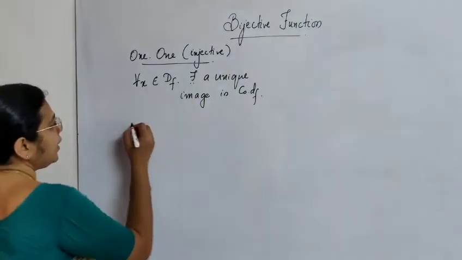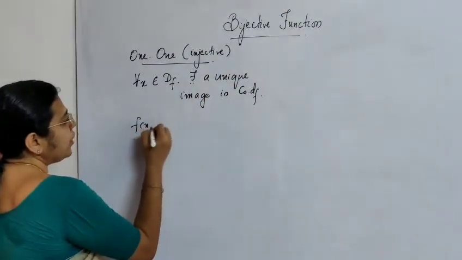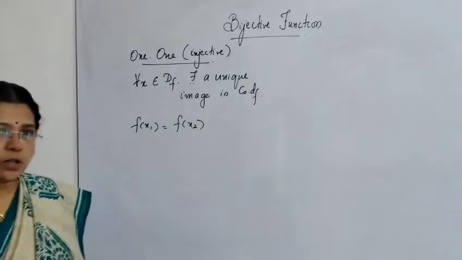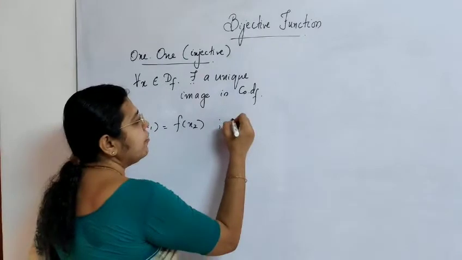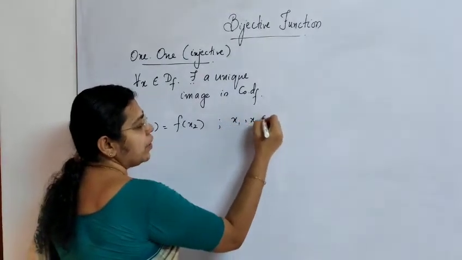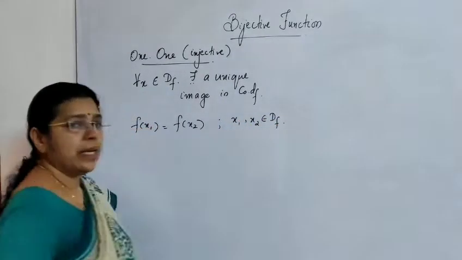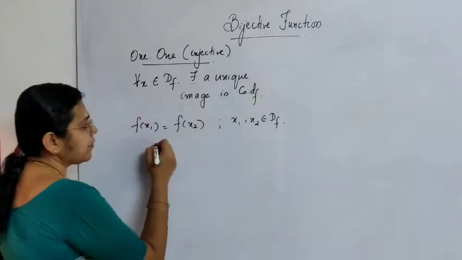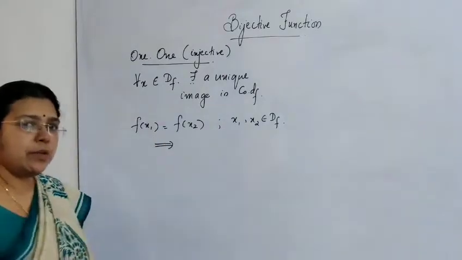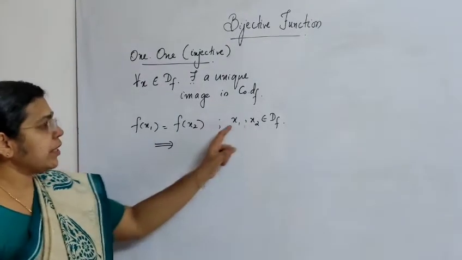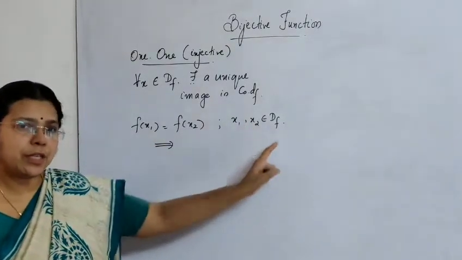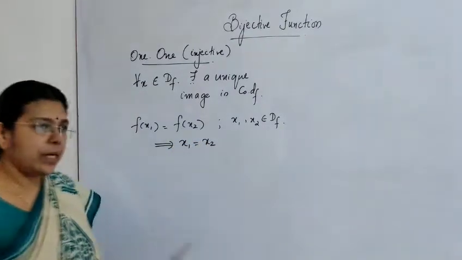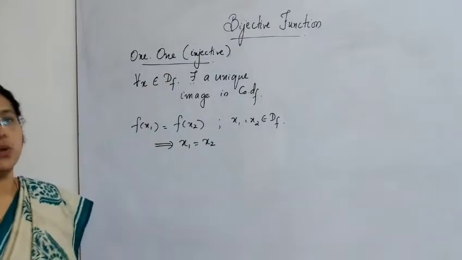Or I can say that f of x1 equals f of x2, where x1 and x2 belong to the domain of the function. For x1, x2 belonging to the domain of the function, if f of x1 equals f of x2, what can I say? Can I say that x1 is equal to x2? Only then this one-oneness holds.